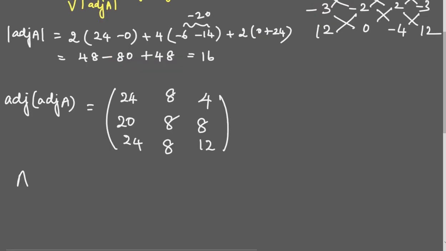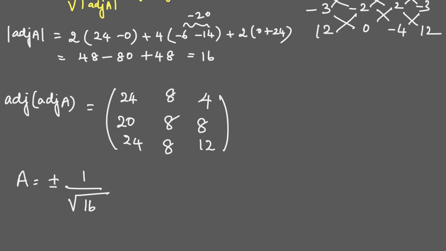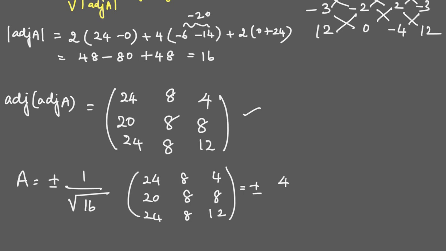As we know, A is equal to plus or minus 1 by root of determinant of adj A, that is root of 16, into adj of adj A, which we know is 24, 8, 4, 28, 8, 24, 8, 12. 4 is common inside the matrix. Take it outside the matrix. 4 by root of 16 is again 4.